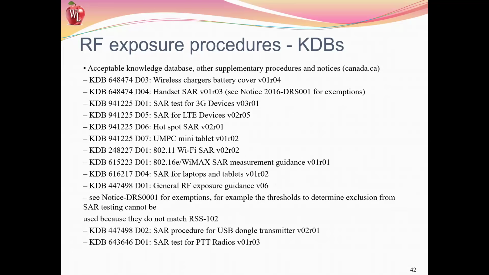For exemptions and thresholds, the exclusion thresholds cannot be used because they don't match. The exemption thresholds are different for the US and Canada, so you can't use the United States exemption power to show compliance with Canada, which kind of makes sense.